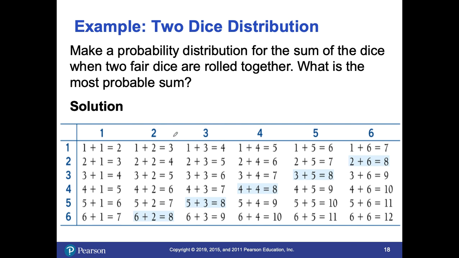But the point is that up here you have 1 through 6, and on the side here you have 1 through 6. So we're rolling 2 dice, and they're fair. Let's say you rolled a 1 and a 1. Well, take the 1 plus the 1, you get 2 as your sum, correct?